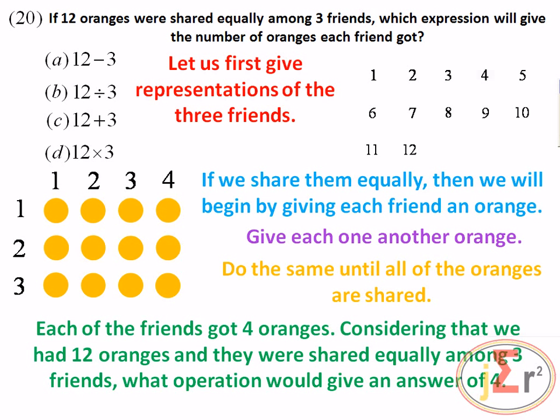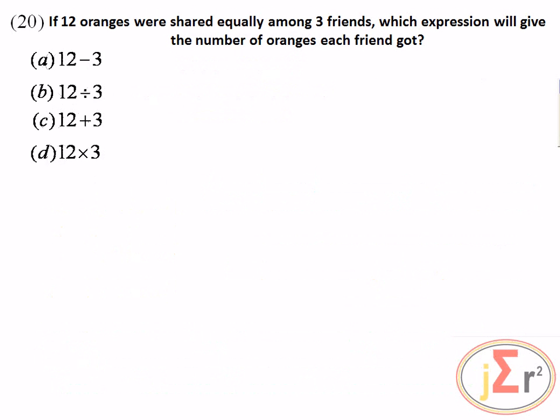Option B, which is 12 divided by 3. Right. Division will actually do that for us. So we are sure that division is the right one.